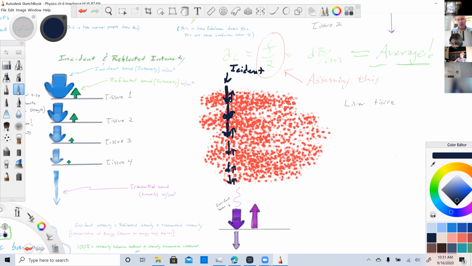So we assume this normal attenuation. We have our gain swept like that. And so basically the machine automatically listens harder down here.